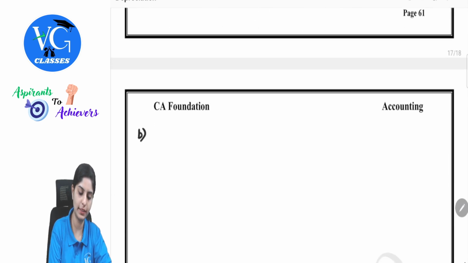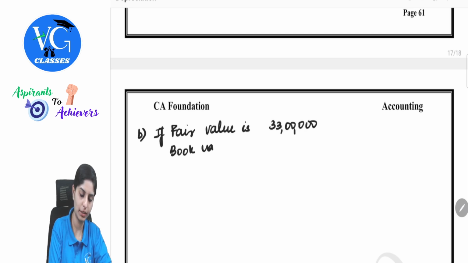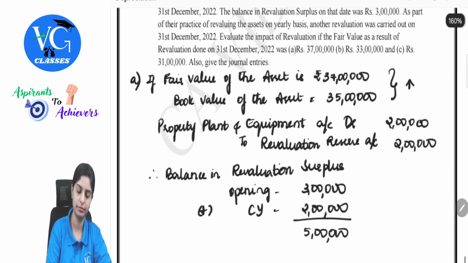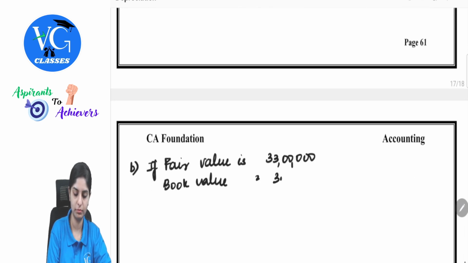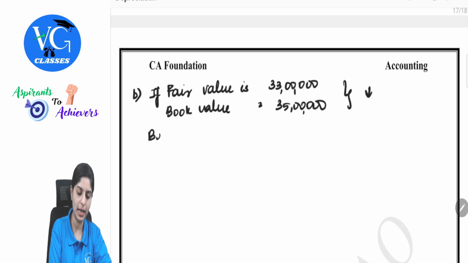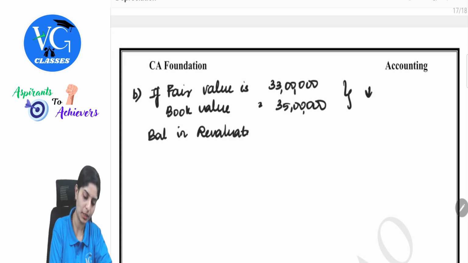Next, if the fair value is 33 lakh, now book value of the asset was 35 lakh. There is a decrease, but there was already a balance in revaluation surplus, that was around 3 lakh.